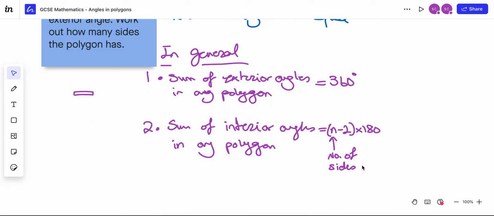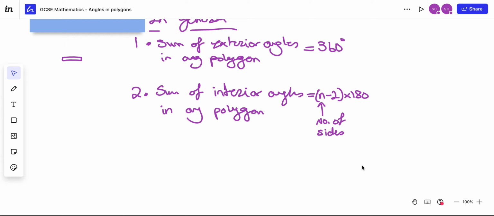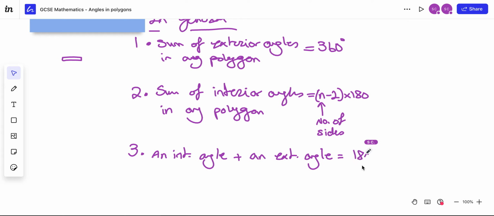There's one more fact, fact number 3: an interior angle plus an exterior angle is always 180 degrees.